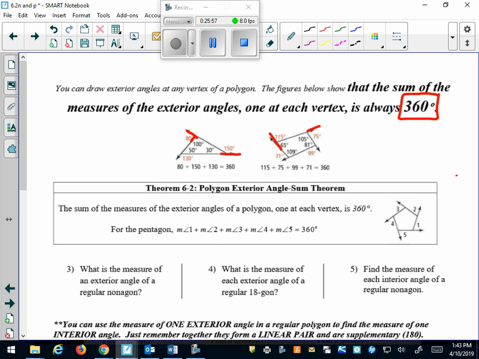All right, before we work through this side, I want you to add a couple of things here, because it's worth noting that in a regular polygon, two things can be calculated using the fact that it's 360 degrees.